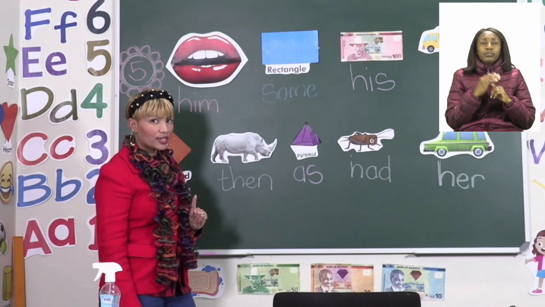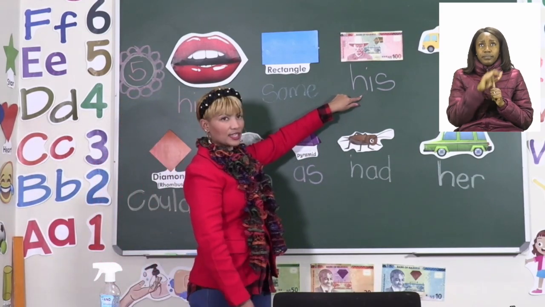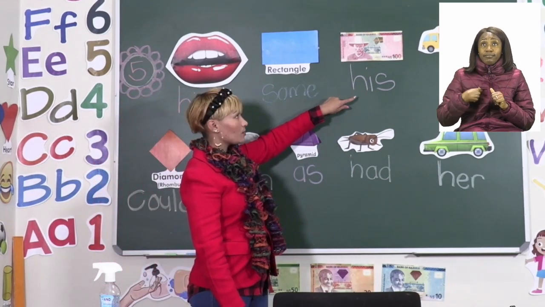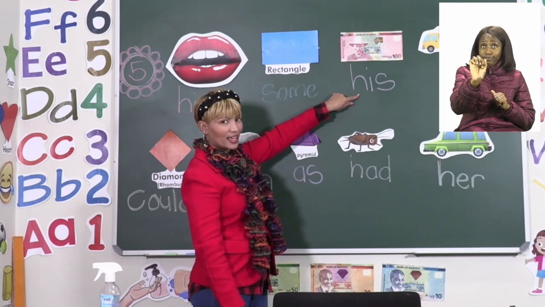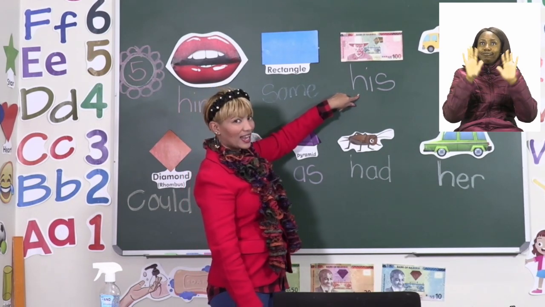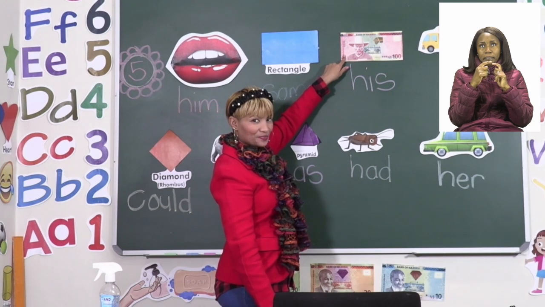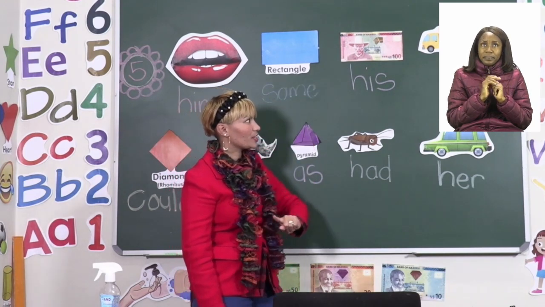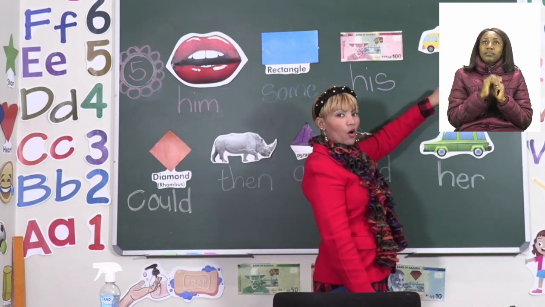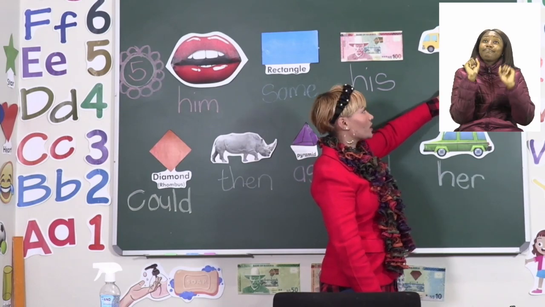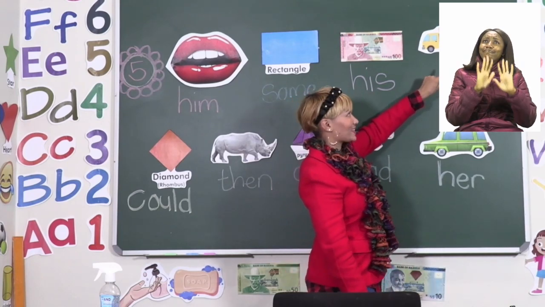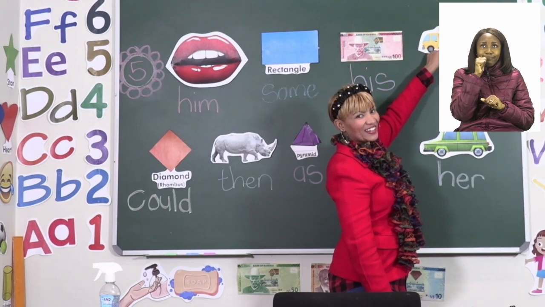The next word his, all the little blocks with the word his, you must color pink. Next word off, all the little blocks with the word off, you must color yellow.